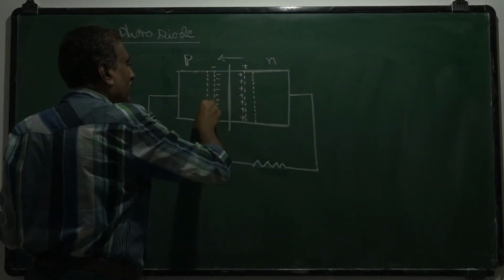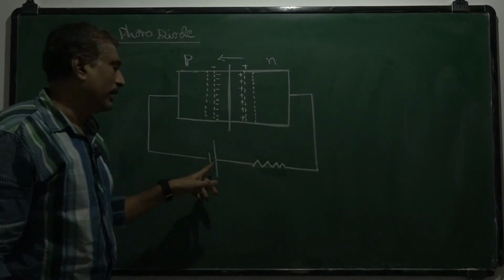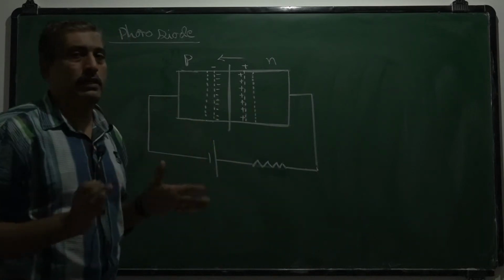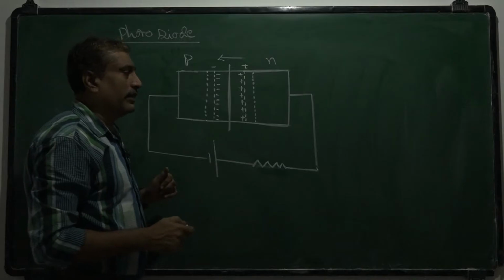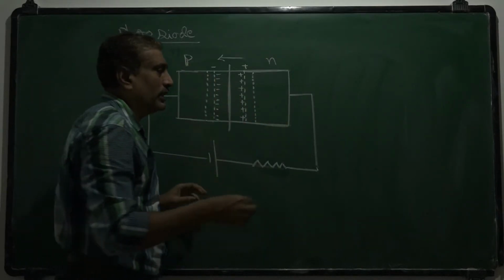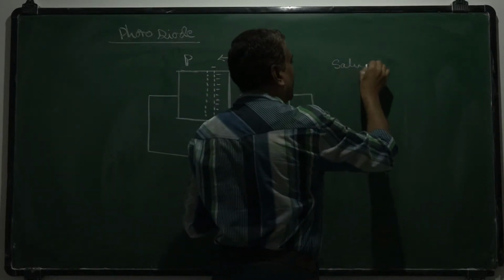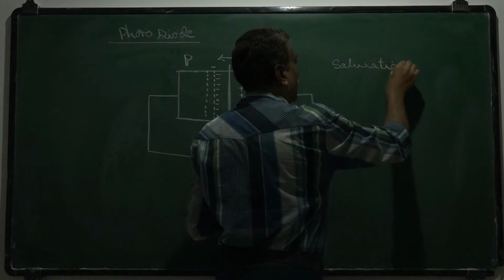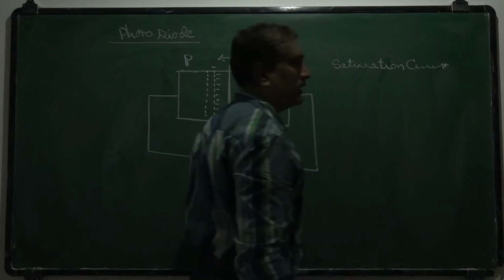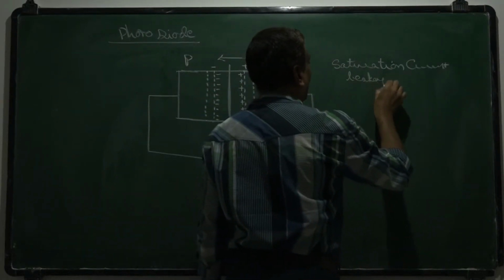But it does not allow the current to flow, because of this battery. So current does not flow across this junction. But due to the minority carriers in the P type and N type, a small amount of current flows through that PN junction, that we call saturation current, or leakage current, or dark current.